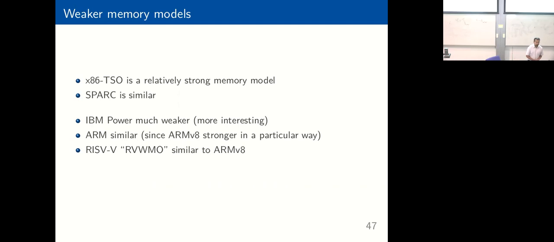So the background here is that sequential consistency is really strong. x86 TSO, while weaker than sequential consistency, is really quite strong as well. But there are other architectures in the world, and some of them have much more interesting memory models. For example, IBM Power.